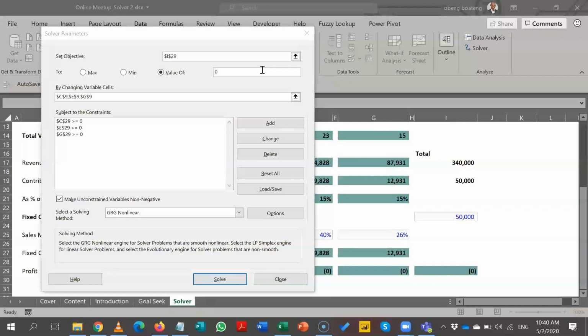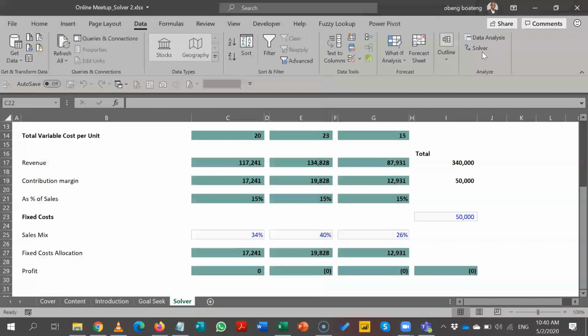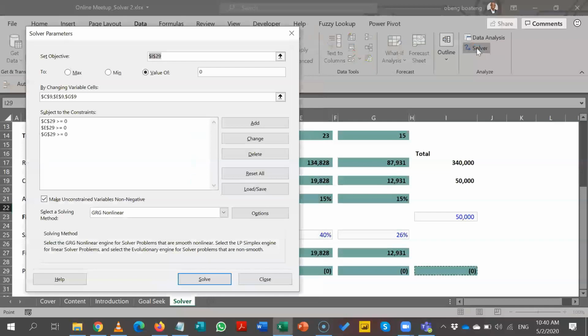The advantage you have with using Solver is that anytime you go back to the Solver menu, unless you have reset it, whatever you used is saved for you. Okay. So if you made an error, it allows you to go back and change that part and solve again.